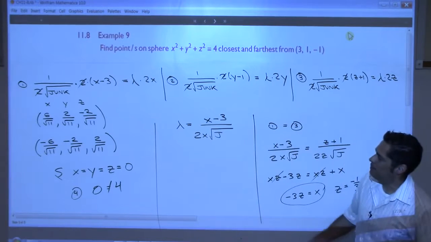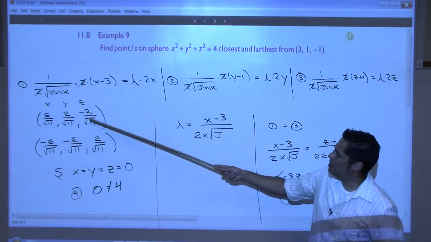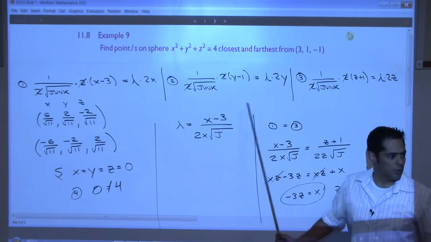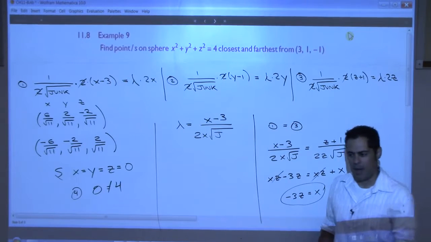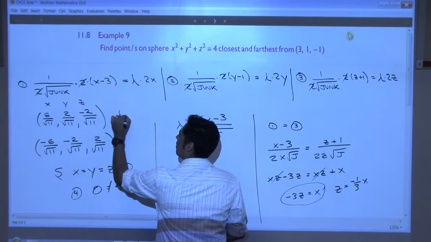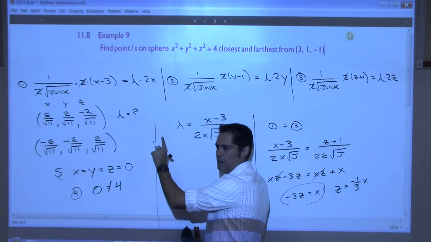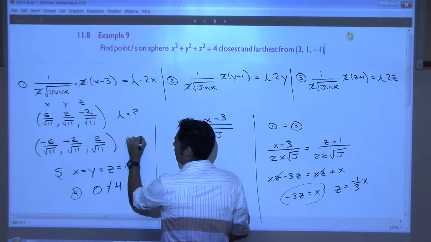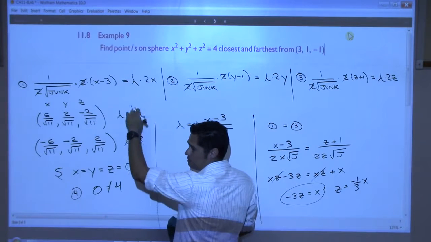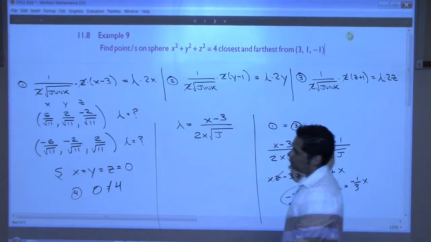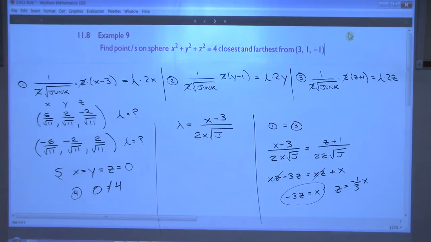Well, if you plug in x, y, z into here, you would find lambda. I'm going to pass on that, okay? Lambda here is something, but I know I could find it, right? And here, lambda is something. It could be a different lambda for this. All right? I don't care. I care about x, y, z.